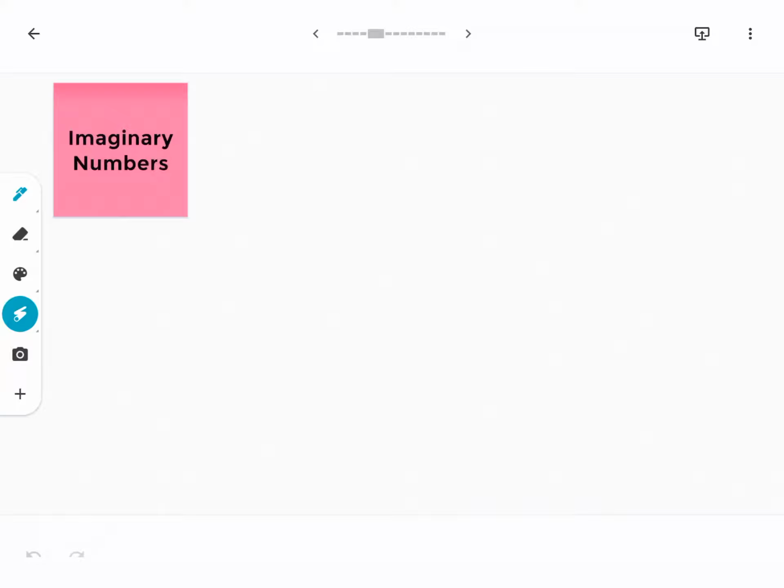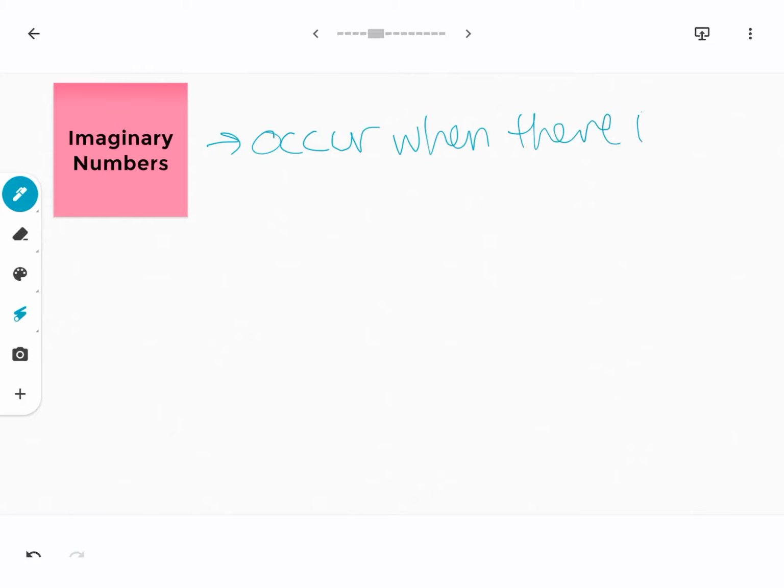The first thing we have to talk about is what's called imaginary numbers. And imaginary numbers occur when there is a negative under a square root.